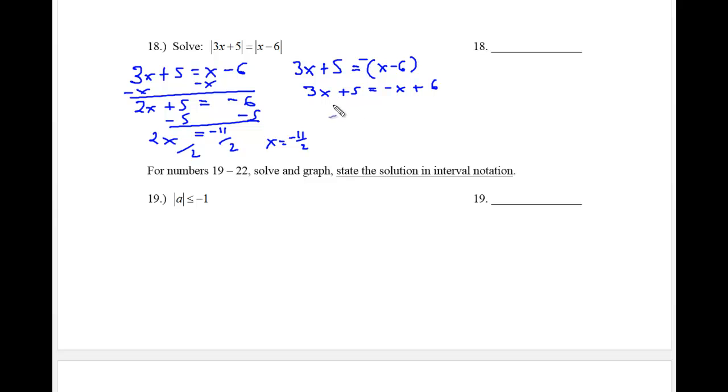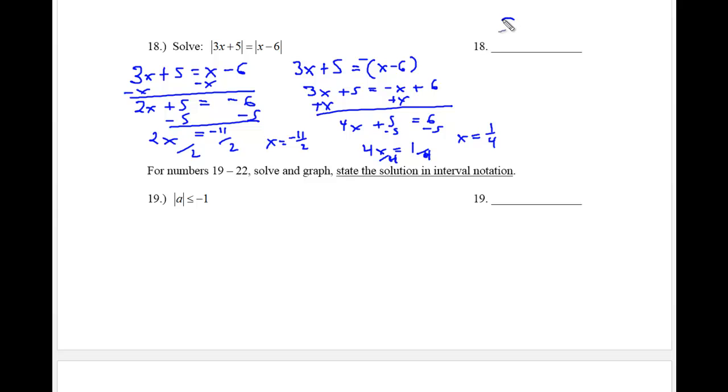Moving the x over here, by adding an x to both sides, I get 4x plus 5 equals 6. Subtracting 5 from both sides, 4x is equal to 1. Dividing both sides by 4, I get x equals 1/4.